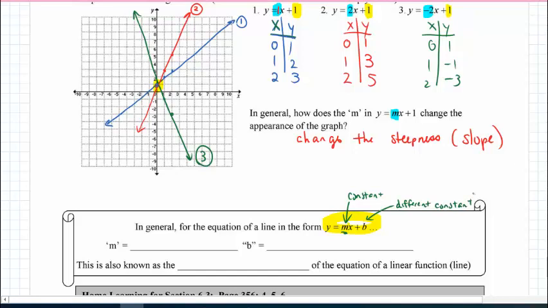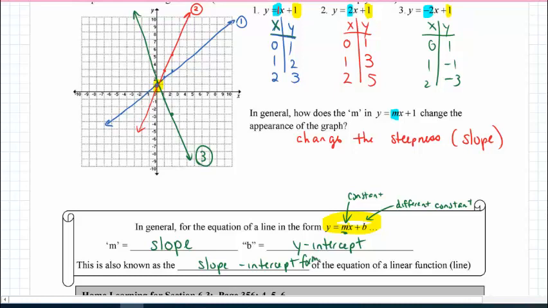Well, m really stands for, yep, like in investigation number 2, the slope. And b stands for the y-intercept. And this is what we call the equation of the line in slope-intercept form. I should have written down form.